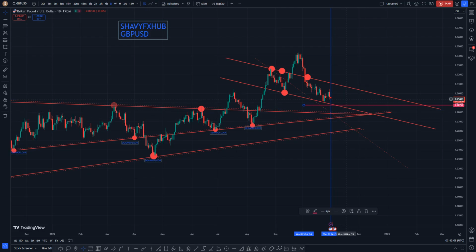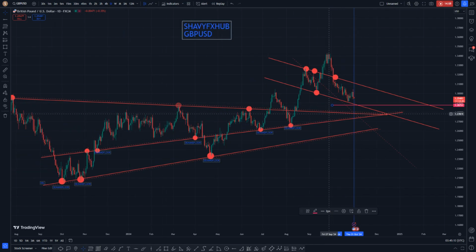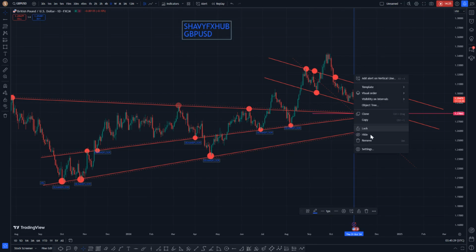GU can drop significantly to this level, and this is a nice level. This is a nice level for price to drop. So if you find price in this zone, take a buy. This level is good for GU.